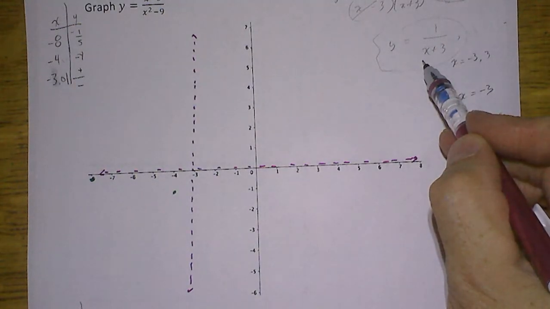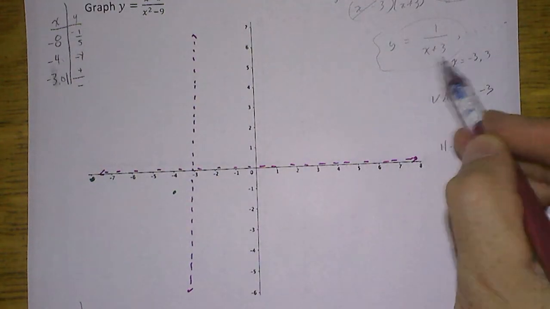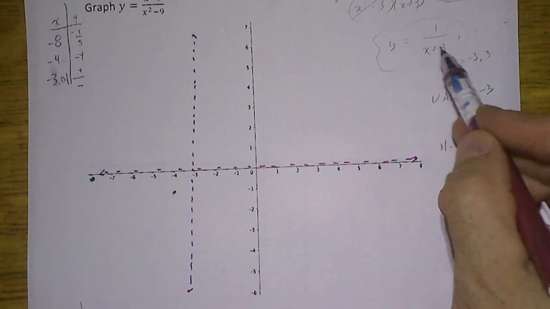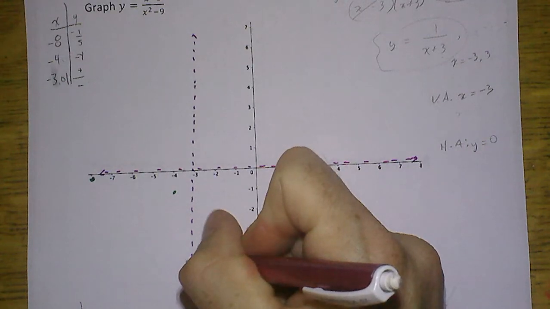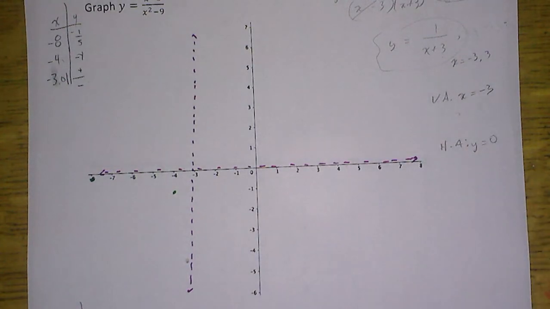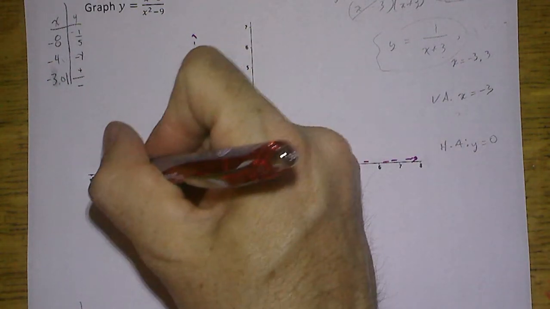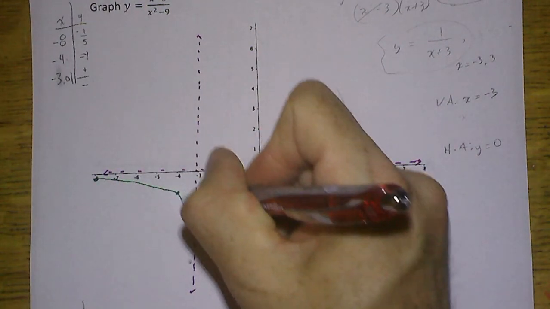Negative 3.01 plus 3 is going to be negative. And for those of you at home who love to keep score, the true y value is negative 100. But I'm just going to put a point right there as a symbolic point, and notice that this graph goes down.